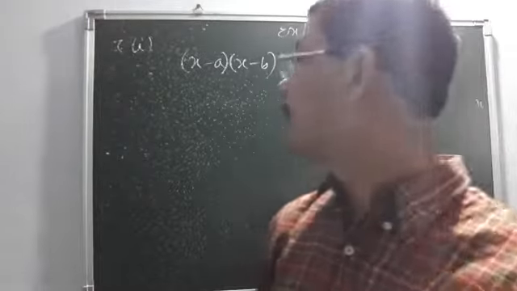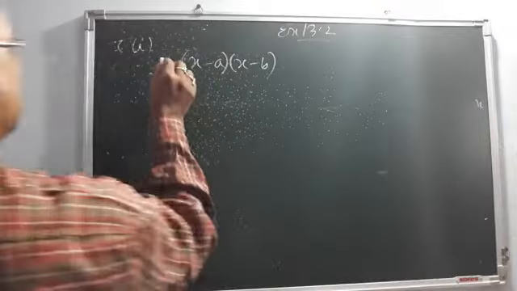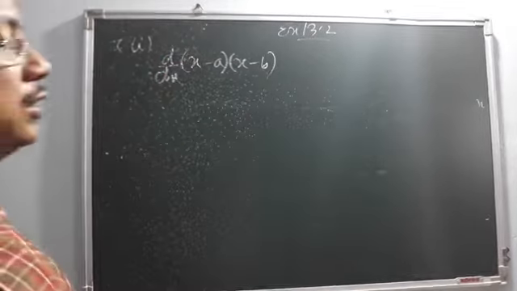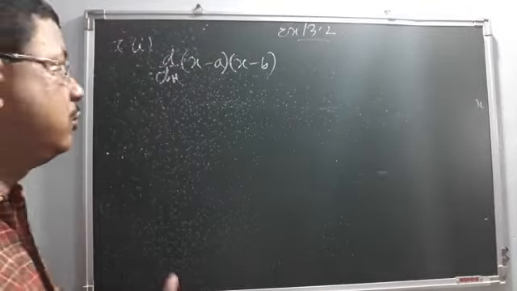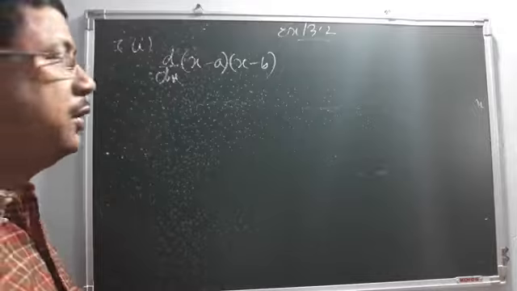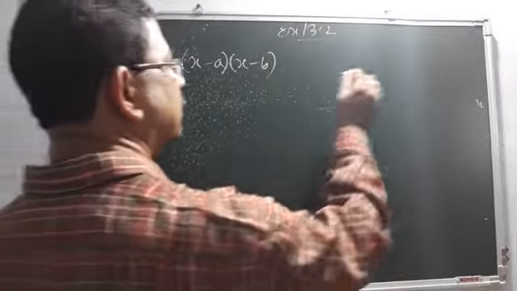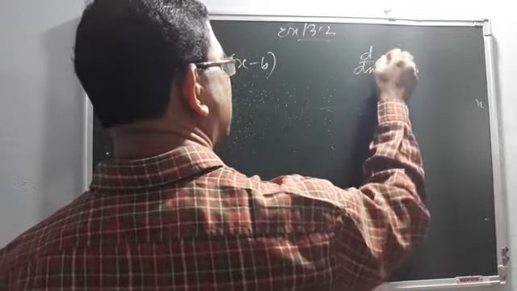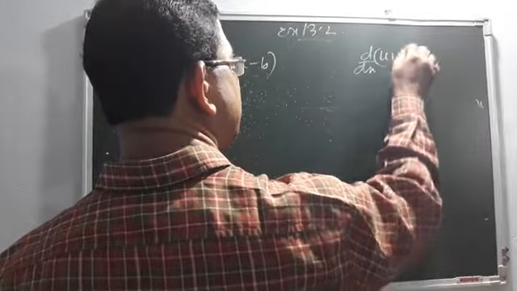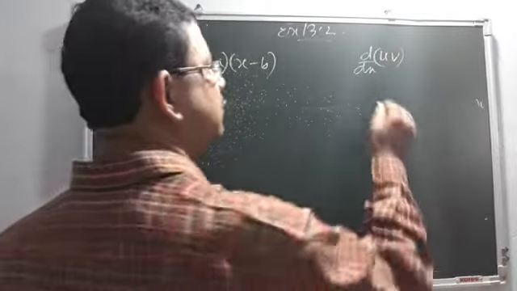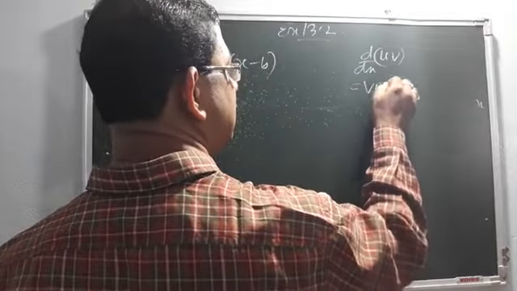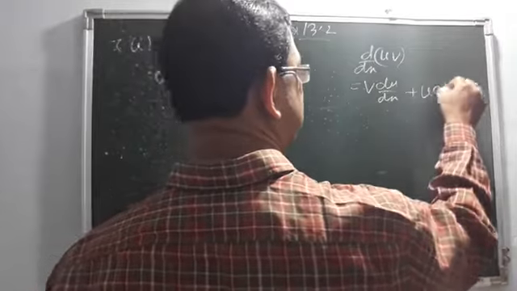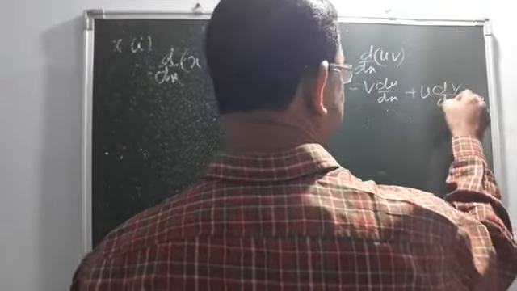Students, you remember that the first principle we will use when they ask. Otherwise, we will use our normal derivative. So here we know one formula that we have already discussed, that for u into v, its differentiation is v du dx plus u dv dx.